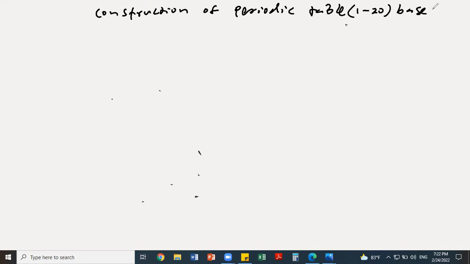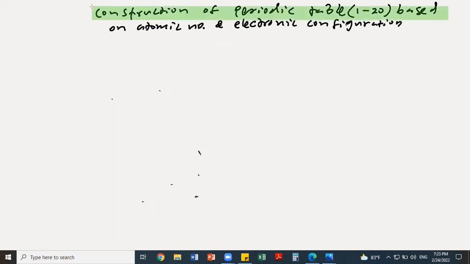Please write this heading, everyone: Construction of the periodic table, that is atomic number 1 to 20, based on the atomic number and the electronic configuration.